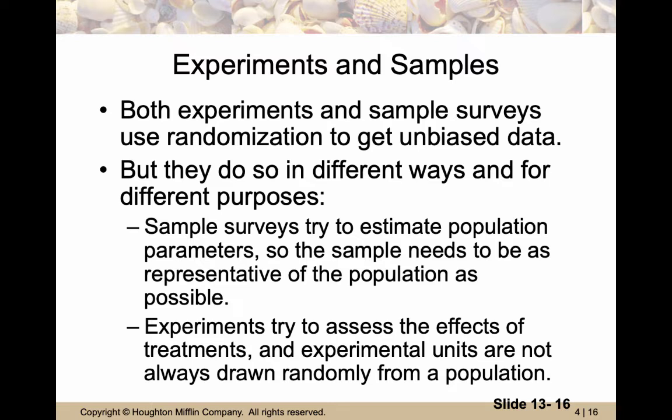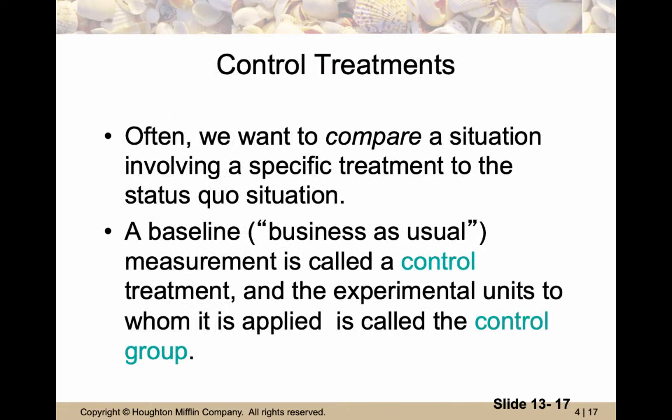So the sample needs to be as representative of the population as possible, and so they employ random selection from the population. Experiments, on the other hand, try to assess the effects of treatments, and experimental units are seldom drawn randomly from a population. Instead, they're randomly assigned to treatment groups.